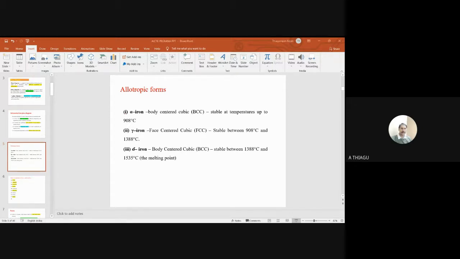This phase has a mixture of ferrite and cementite. It is a combination of ferrite, alpha, and cementite, Fe3C. So 87.5% is in the form of ferrite, and the remaining 12.5% is in the form of cementite. So pearlite is nothing but a mixture of ferrite and cementite. So how is pearlite produced?